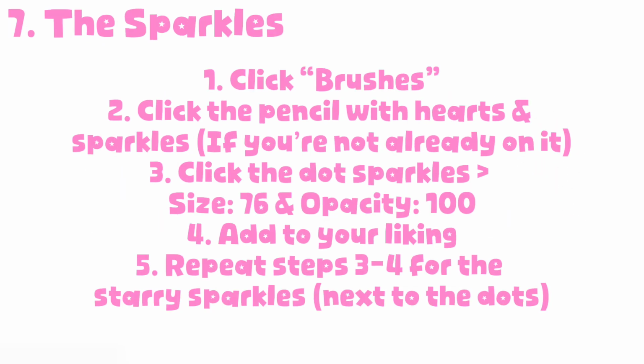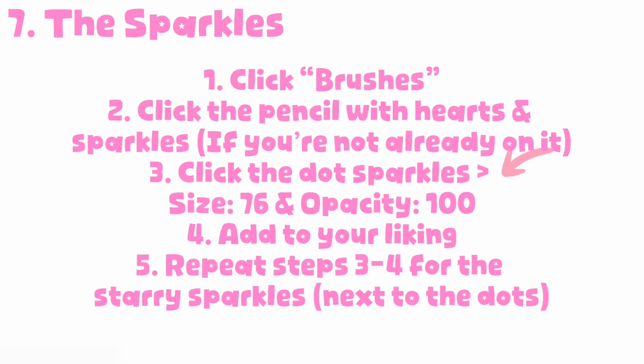Now for this last effect, it's not in the effects toolbar, but it's very easy to go to. When you get back out of the effects button, you want to go to the brushes button, or it should be a pencil of some sort. And when you click on that, you want to click on the pencil with hearts and sparkles next to it if you don't already have it selected. And then after that, you want to click on the dot sparkles with the little sparkles that look like little dots.